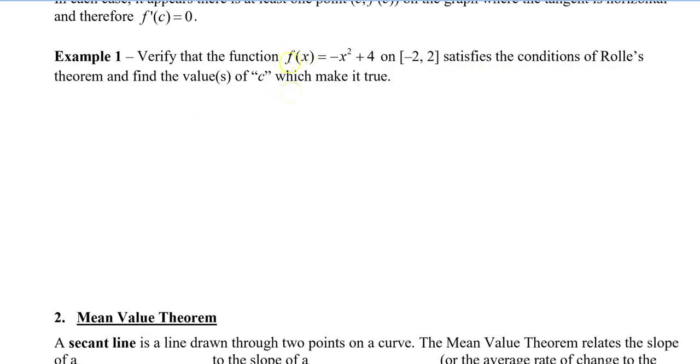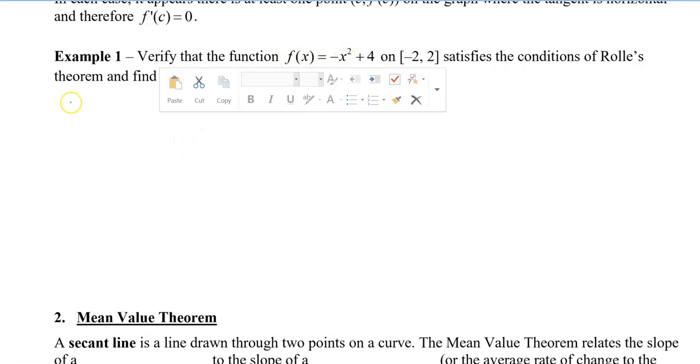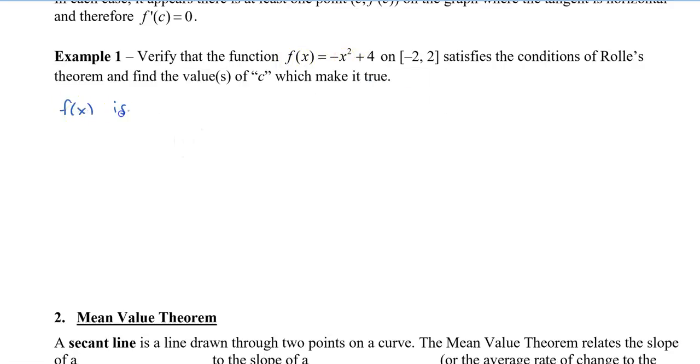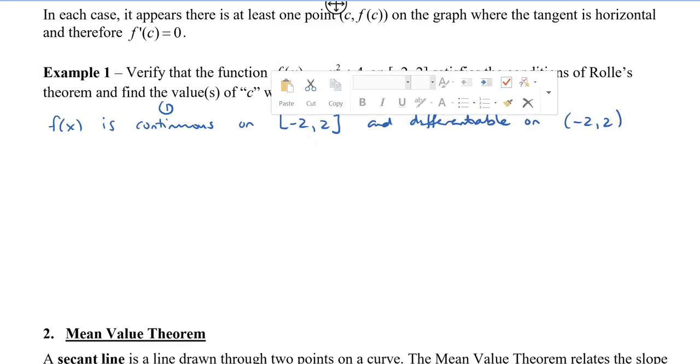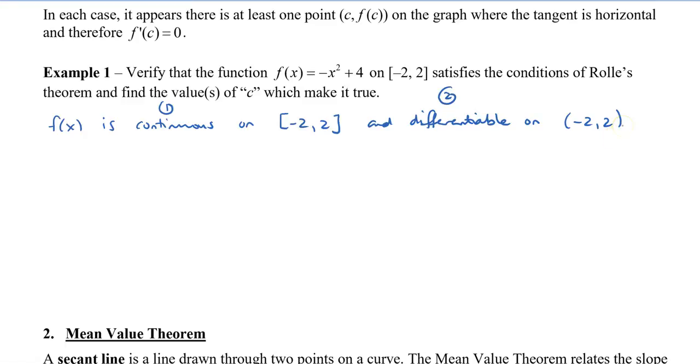We know that f(x) is continuous on the closed interval [-2, 2], and it's differentiable, which is our second condition, on the open interval (-2, 2). Notice the first is a closed interval and the second is an open interval.